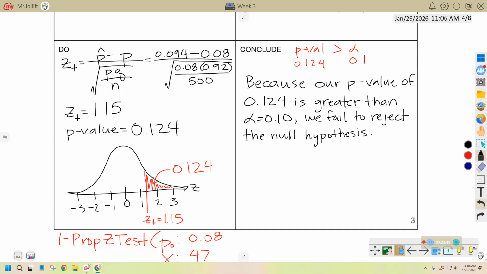So our second sentence, we're addressing the alternative. If I did not reject the null, I do not have evidence for the alternative.